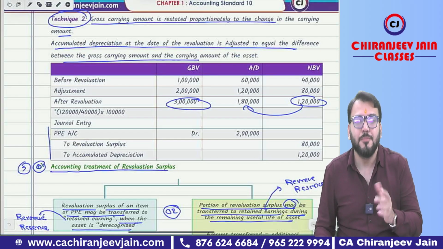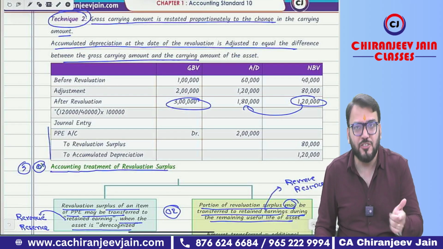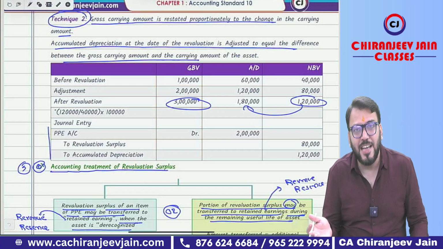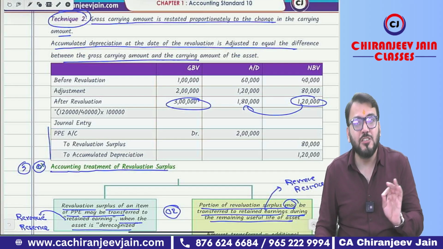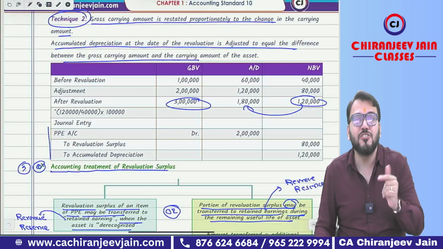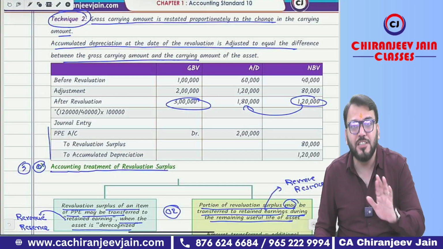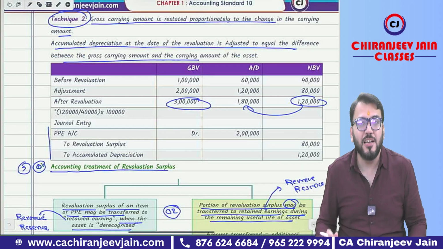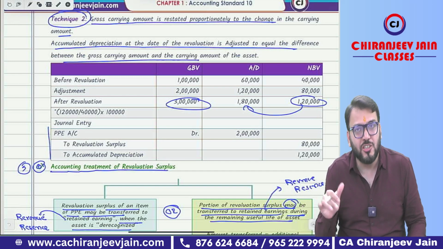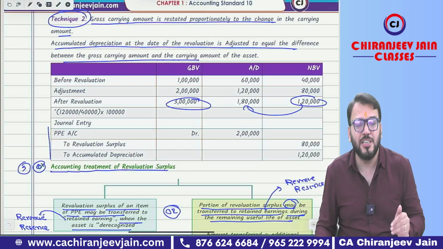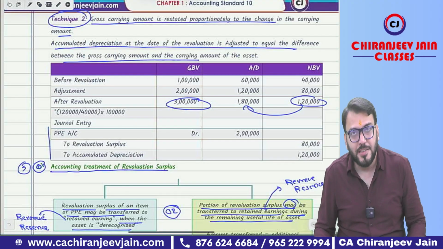It can be either surplus percentage or deficit percentage. If there's a gain, surplus percentage; if there is loss, then deficit percentage. With that percentage we will either increase or decrease the gross carrying amount, and increase or decrease the accumulated depreciation amount. So journal entry what? PPE account debit to accumulated depreciation, and the difference will be adjusted with revaluation gain that will be transferred to revaluation reserve account.